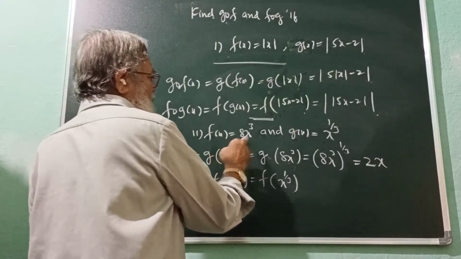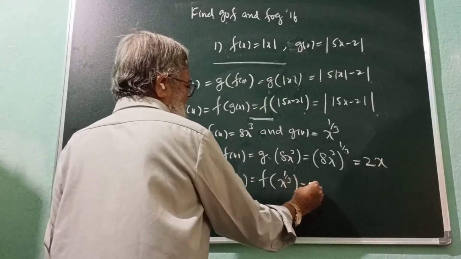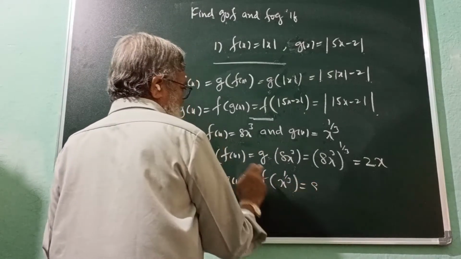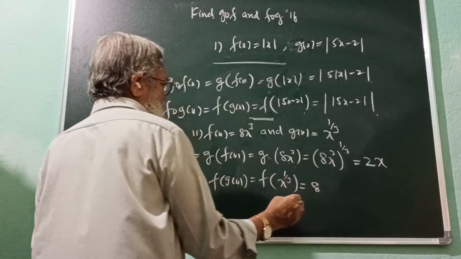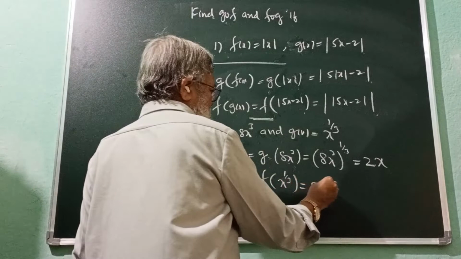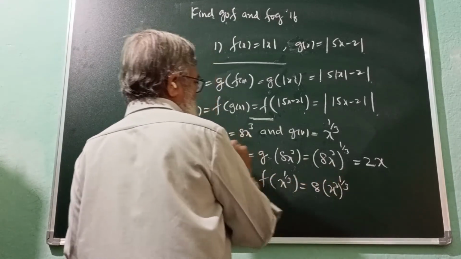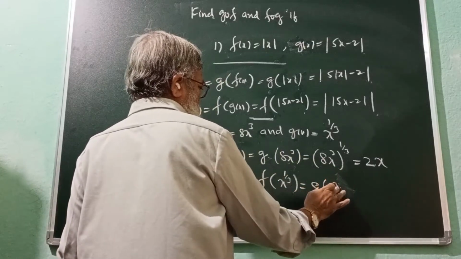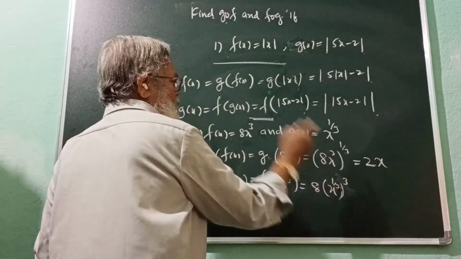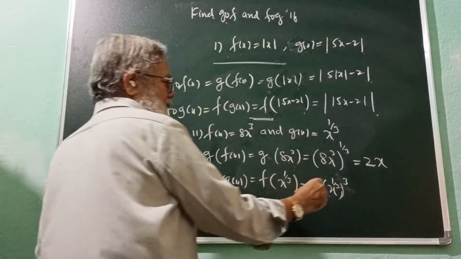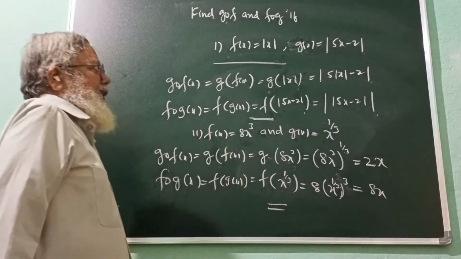To apply f for this, whatever x is there, we have to take 8 into x raised to 1 by 3, whole cubed. Sorry, x raised to 1 by 3, raised to cube. This is x, 8x cube. Now 3 gets cancelled, its answer is 8x. So these are the problems.